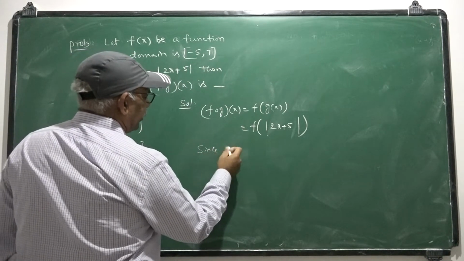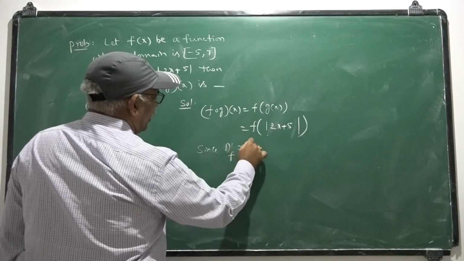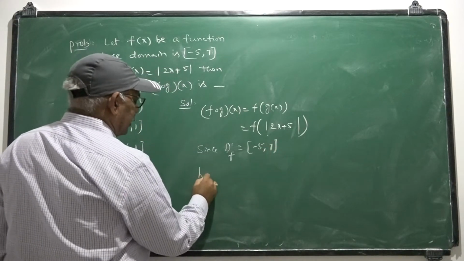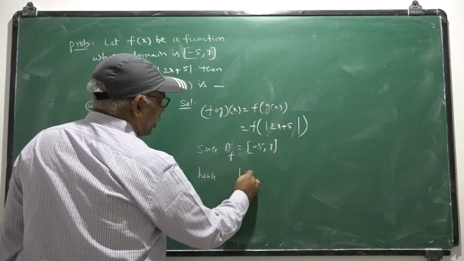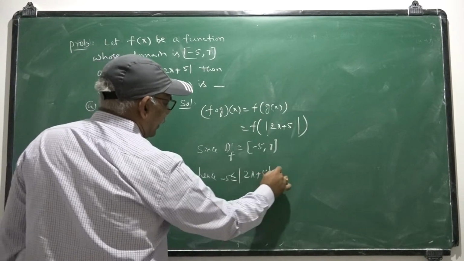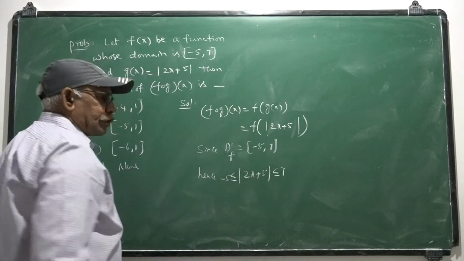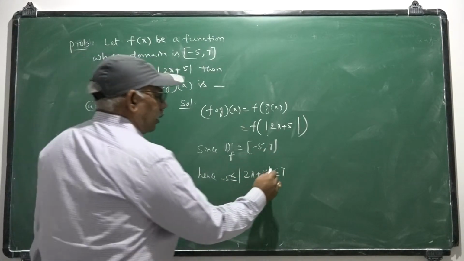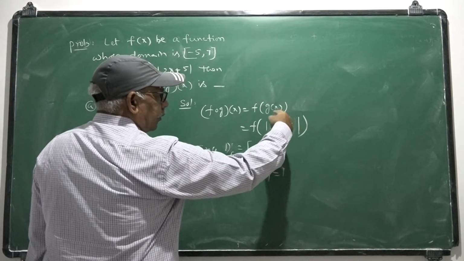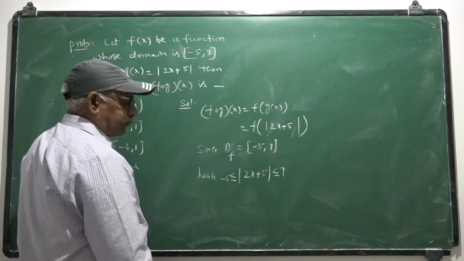Since the domain of f is [-5, 7], hence |2x + 5| lies between -5 and 7, with the equality also included. Since f was defined over this domain, the variable |2x + 5| must lie between -5 and 7.